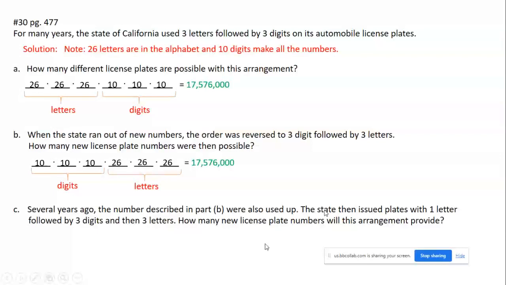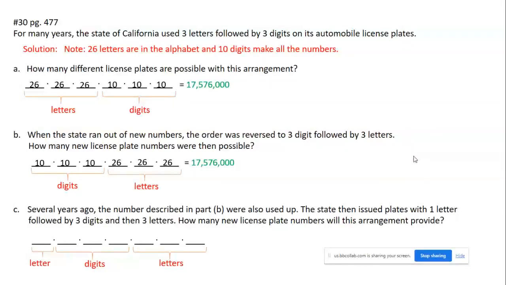All right, let's do C. Several years ago, the number described in Part B were also used up. The state then issued plates with 1 letter followed by 3 digits and then 3 letters. How many new license plate numbers will be arranged? So we ran out of these two. So again, let's do this. So it says that the first one had to be a letter, then the next 3 had to be followed by the digits, and then the last 3 could be the letters.